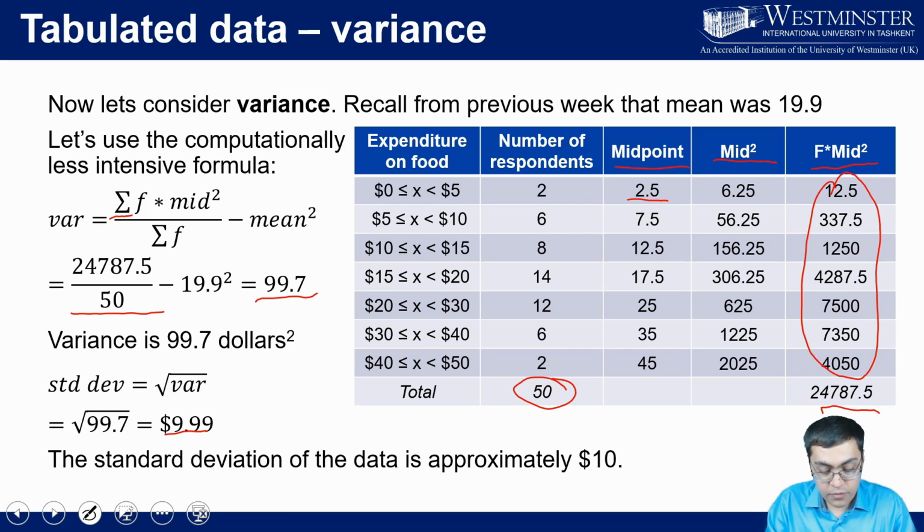And again, if we look back into the table that we have, the mean was 19.9, so we could say that it's approximately at this point over here. And if we look at one standard deviation below this mean, it's going to be starting from this point up until here. And if we look at one standard deviation above the mean, that's going to be until 30, so until here, right?